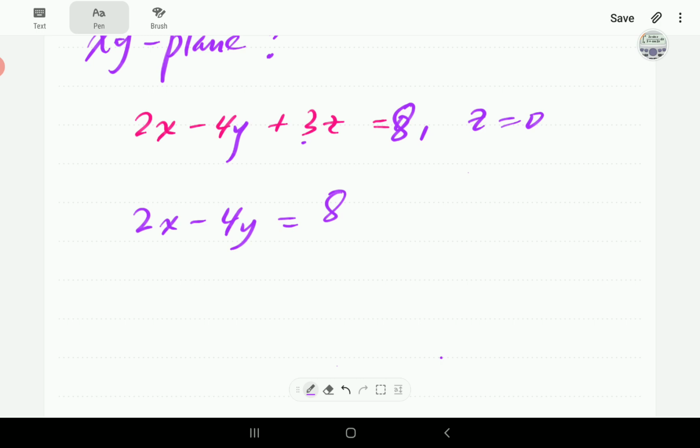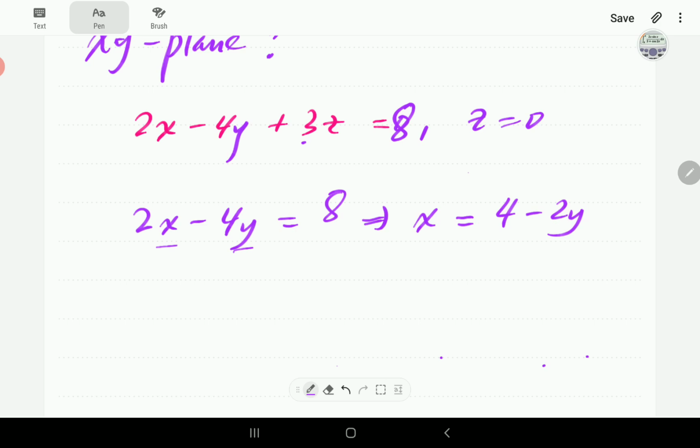The way that we know about straight lines in 2D. Okay, so then what we can do here, we can either make x the subject of the formula or y the subject of the formula, so that we don't have any fractions. I'm going to make x the subject of the formula. So this is going to be x is 4 minus 2y.